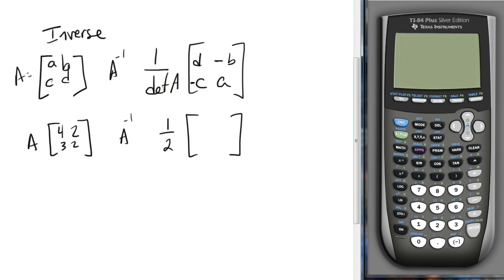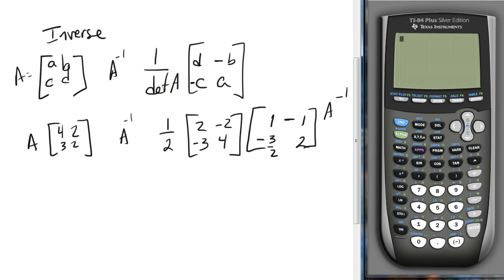And we switch the diagonal, so it's 2, 4. And then switch the signs, -2, -3. And then we multiply by the scalar: 1/2 of 2 is 1, -2 gives me -1, -3/2, and 1/2 of 4 is 2. So that is A inverse.